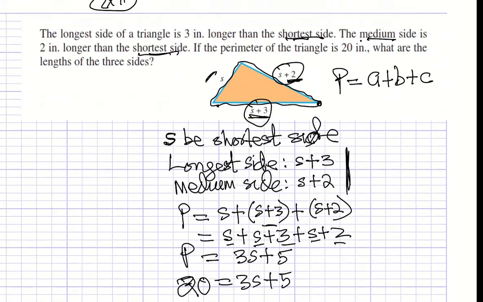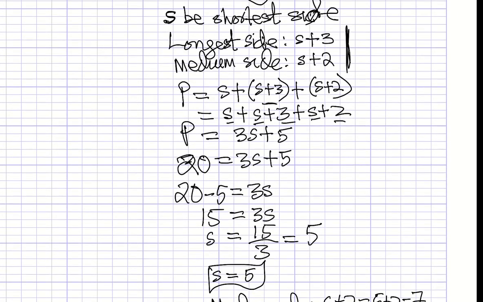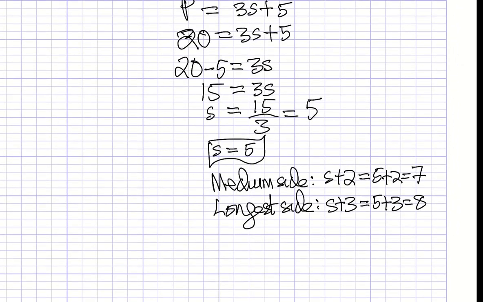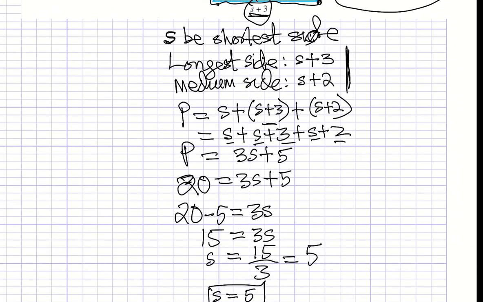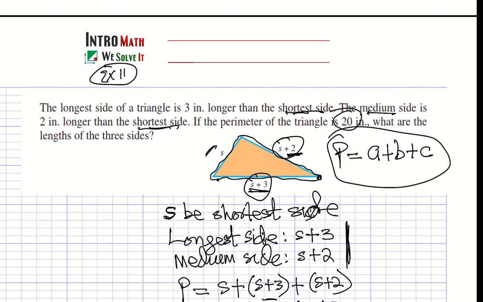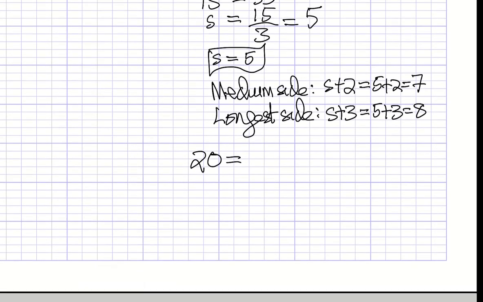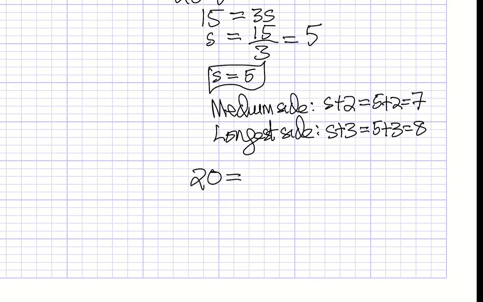So the way we can check that is using the perimeter. They gave us perimeter is 20, right? So basically, you will have 20 equals all the sides together, okay? A, B, C. One of them is the shortest, one of them is the longest, one of them is the medium.